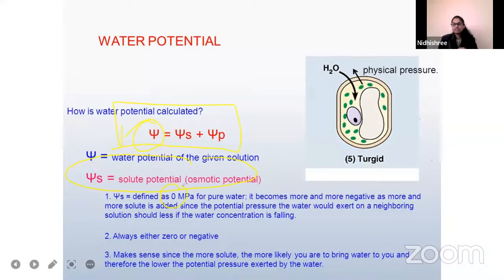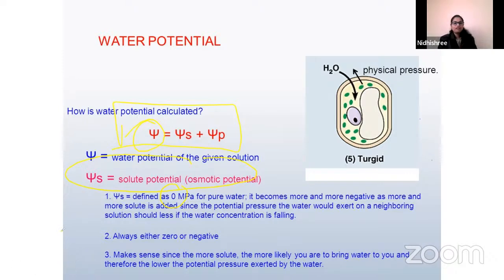So zero potential reduces, that is, less than zero comes, negative. So the solute potential becomes more and more negative when you add more solute. Why? Because the kinetic energy of the molecules, the movement of the molecules, reduces. So at that time the water potential will also reduce, which is called solute potential.